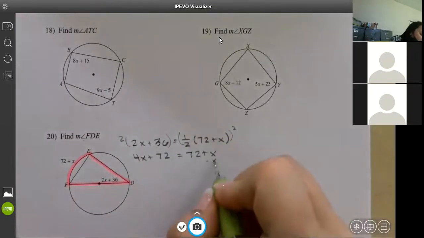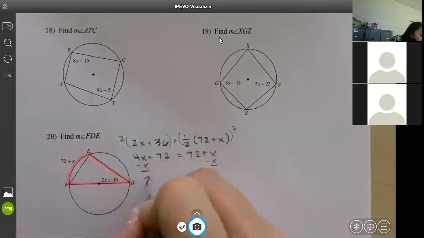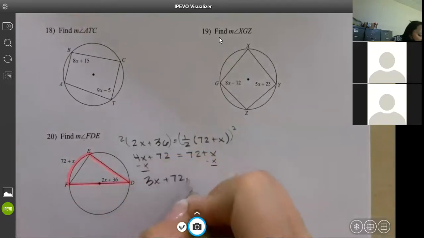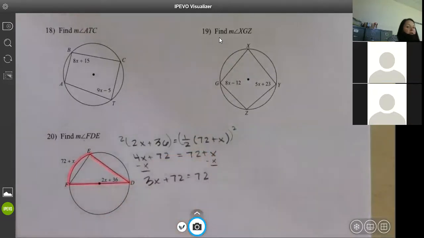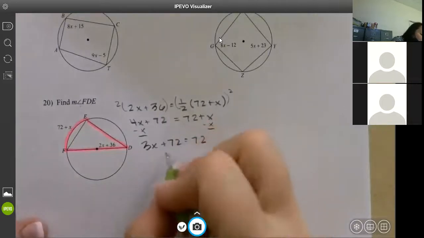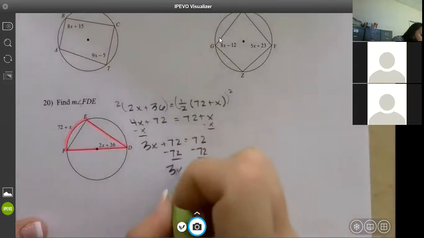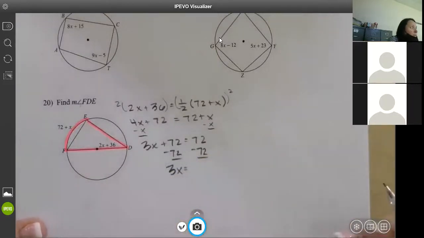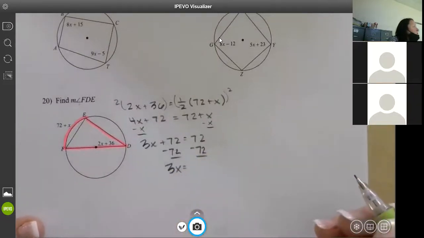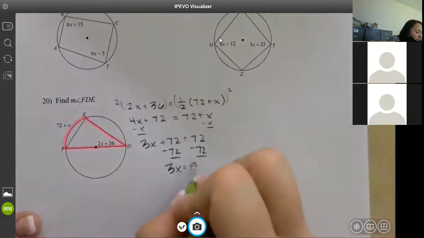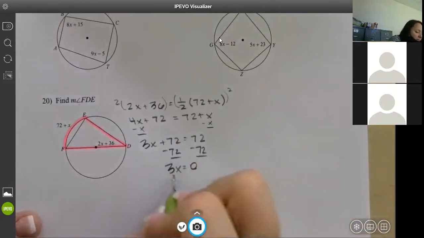Okay, and again, all I did was multiply by 2 on both sides to get rid of that fraction. I'm going to subtract x. I get 3x plus 72 equals 72. Don't get confused right here. It's okay, because what is 72 minus 72? Not a hard question. 72 minus 72, 0. How do I finish solving?